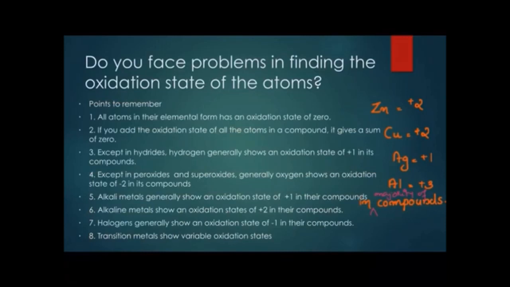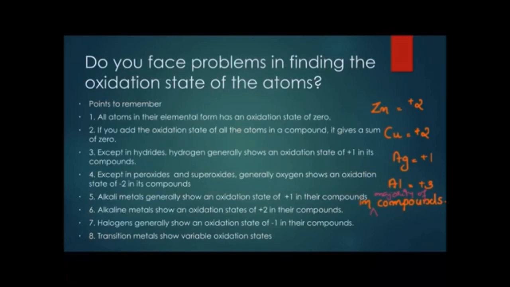If you add the oxidation states of all the atoms in a compound, it gives a sum of 0. Except in hydrides like sodium hydride and potassium hydride, hydrogen generally shows an oxidation state of +1 in its compounds. Except in peroxides and superoxides, generally oxygen shows an oxidation state of -2 in its compounds.